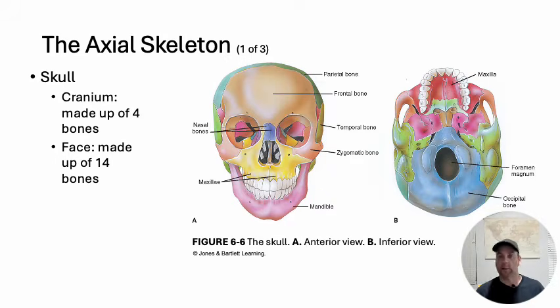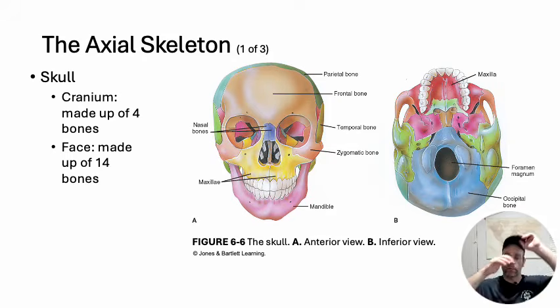But let's focus on the cranium itself. This is the part that actually encases the brain. This includes the frontal bone, the parietal, the temporal, the occiput, and the sphenoid and ethmoid bones. These bones are joined by what I mentioned earlier, sutures. These are immovable fibrous joints that fuse really early in development.